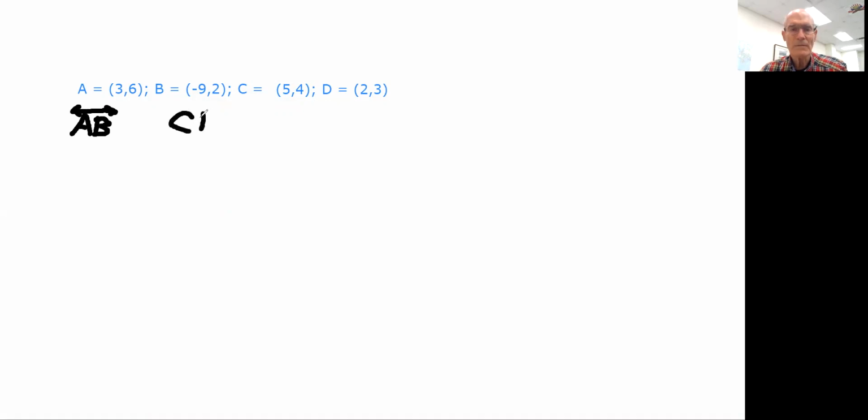So now, we go up here and we draw our axes. Let's see if we can get a grid here.